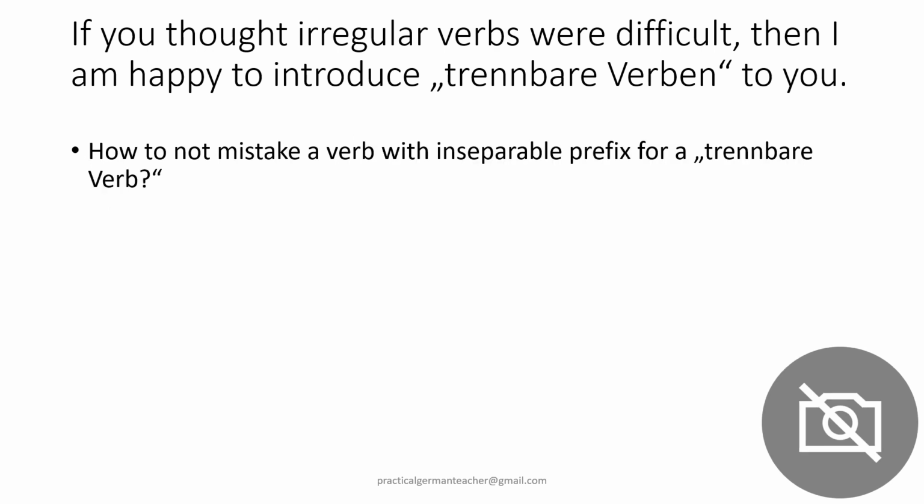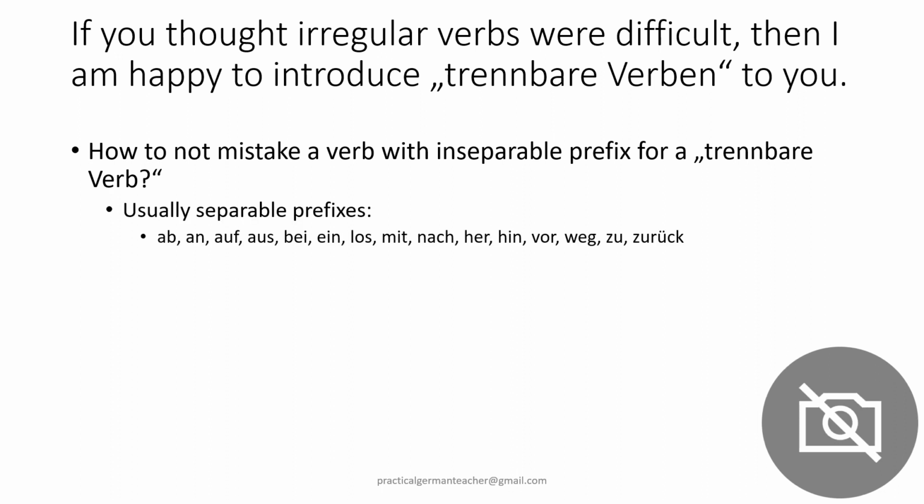Now, you will see verbs where there is a prefix, but it will not be a trennbare verb. So apart from hearing, there are other hints as well to identify trennbare verbs or trennbare Verben, as they say in German. Here you will see a list of prefixes which are usually separable: ab, an, auf, aus, and the list goes on.